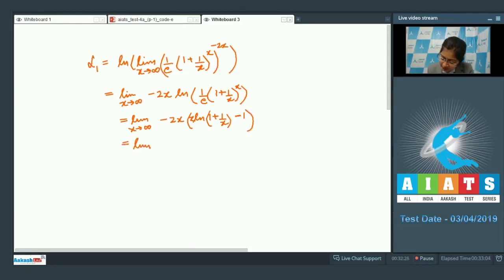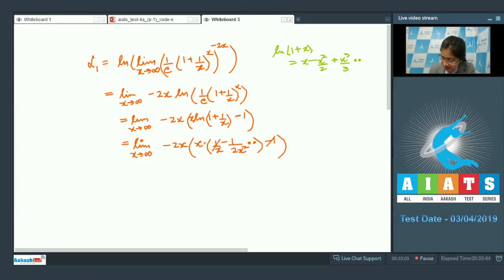So this is equal to limit x tending to infinity minus 2x into x into, now we know the expansion of ln of 1 plus x, that is equal to x minus x square upon 2 plus x cube upon 3 and so on. So it can be written over here like ln of 1 plus 1 by x is 1 by x minus 1 by 2x square and so on, right? Minus 1. Now this minus 1 will get cancelled with x into 1 by x.